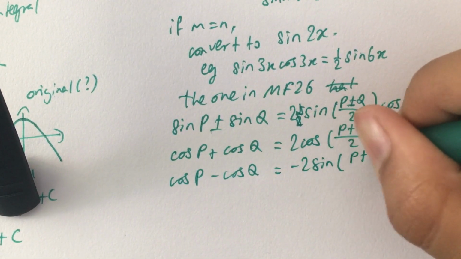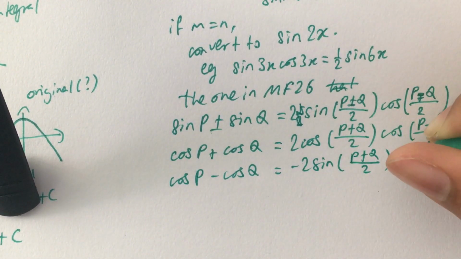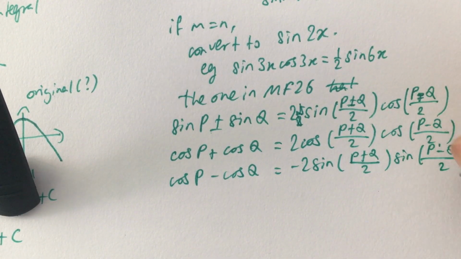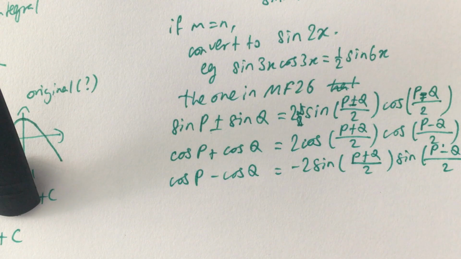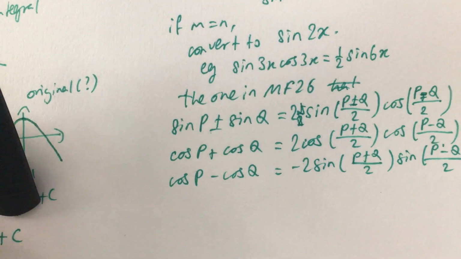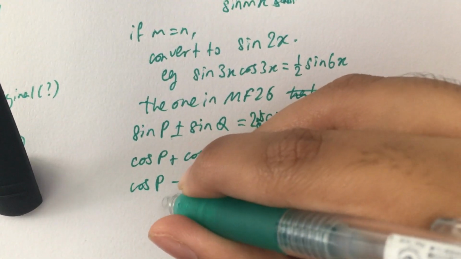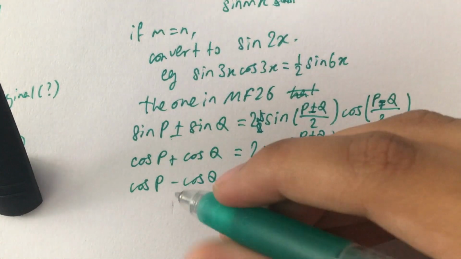So for example, if you have your sine mx and cosine nx, then what you would do is you look at your MF26 and you realize, oh, it fits the first one, which is sine p plus sine q. And you imagine your mx as your p plus q over 2, and nx as p minus q over 2. So how do you get your p and your q?